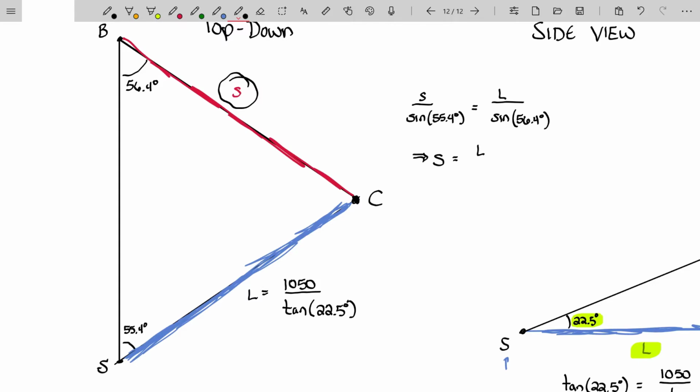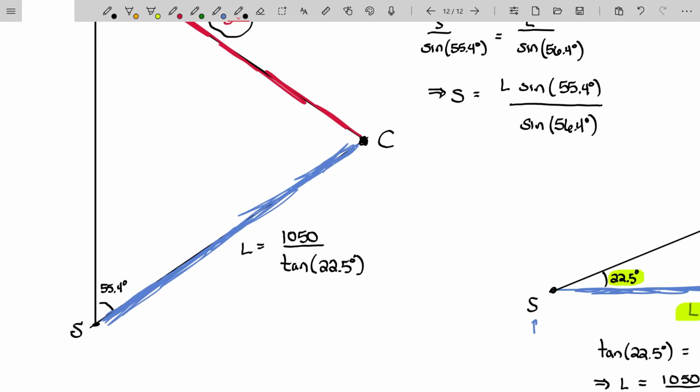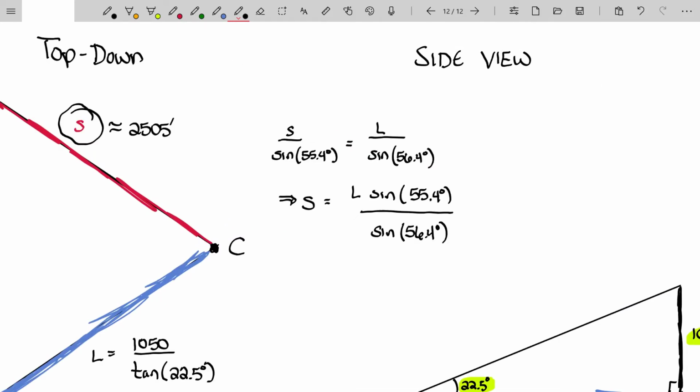So S is equal to L times the sine of 55.4 degrees divided by the sine of 56.4 degrees. And again, L is just this number right here. So we have everything we need to compute that. I'm just going to grab my calculator and do it. And it's approximately 2,505 feet away.